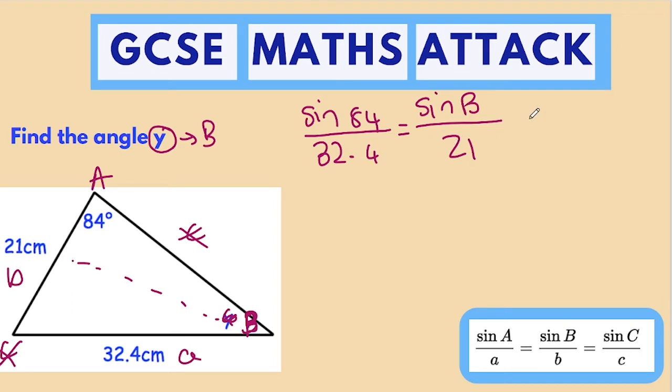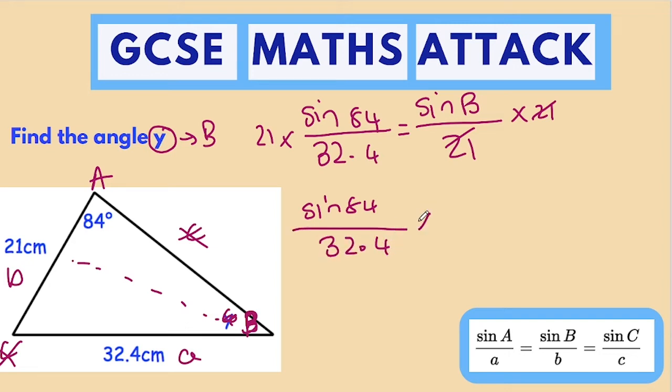Now I need to remove this 21. So I'm going to multiply both sides by 21. Now these two cancel out. I'm left with sine 84 all over 32.4 times 21 equals sine B. If I place that in my calculator, I will get a value, and the value that I do get is sine B equals 0.644 something something.